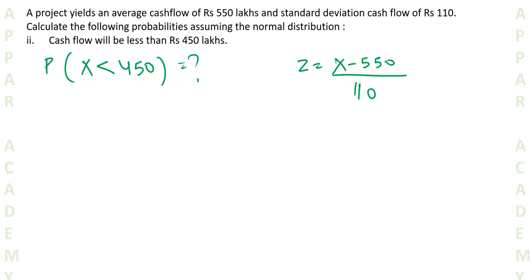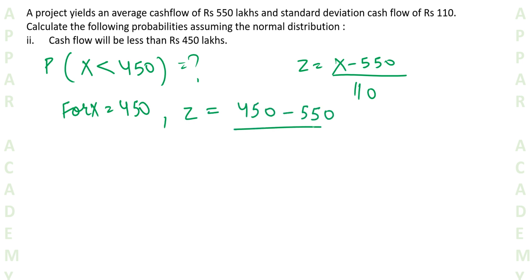So now for X is equal to 450, what will be the Z? Z will be 450 minus 550 upon 110, minus 100 upon 110, and this becomes minus 0.91.